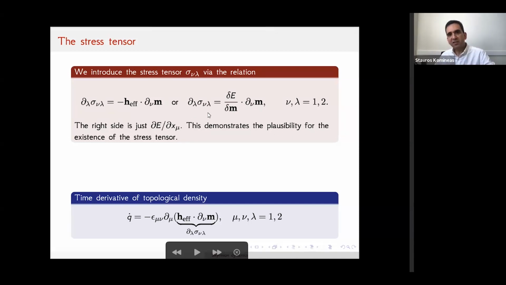Anyway, I'm just trying to tell you that what I'm doing here is plausible. I don't prove anything, I'm just giving arguments. But the end result is that this Q dot is the derivative of a derivative. Let's write it. It's a derivative of a derivative.